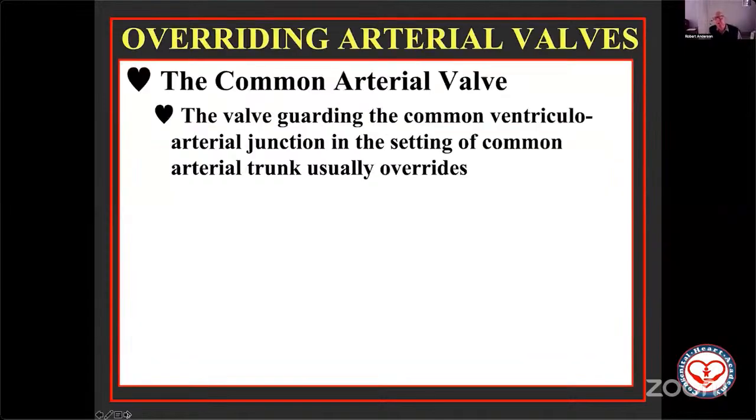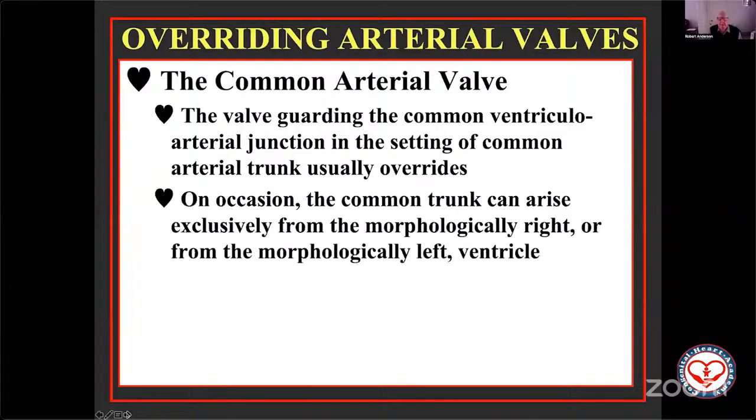But we should also remember, although we're not going to show you this, the common arterial valve usually overrides. But on occasion, the common arterial trunk itself, rather than overriding, can arise exclusively from the morphologically right, or sometimes exclusively from the morphologically left ventricle.